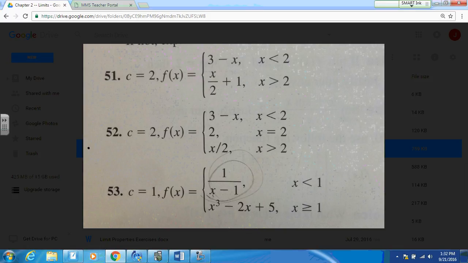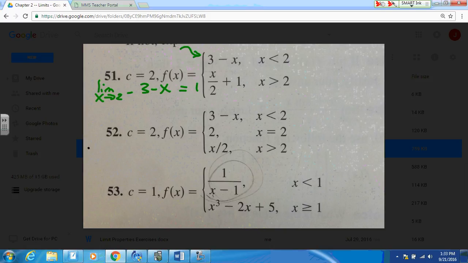The limit from the left can be written, limit as x goes to 2 from the left of 3 minus x. And the reason that I'm using the 3 minus x here is that that is the piece for which x's are less than 2. And so as x goes to 2 from the left, 3 minus x is going to go to what value? 1. And there it is.